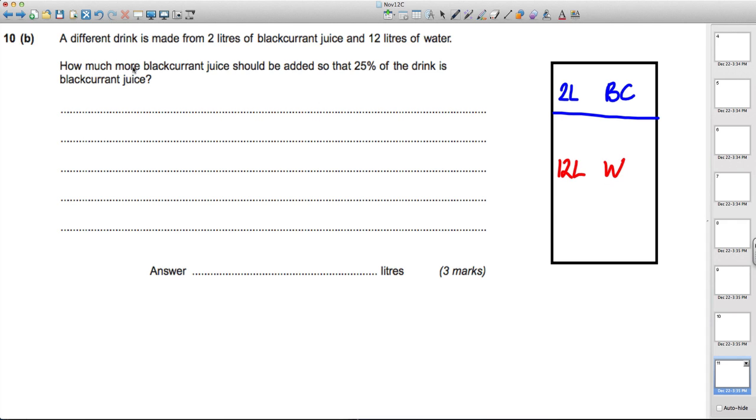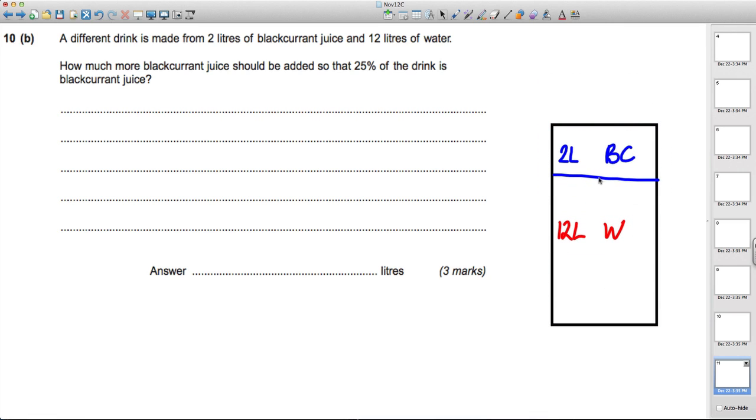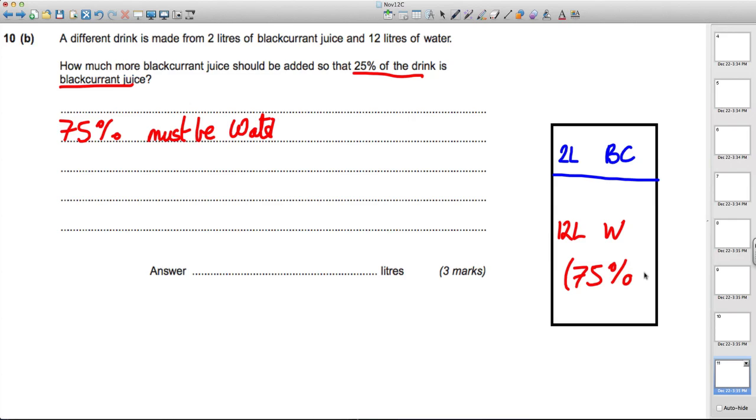How much more blackcurrant juice should be added so that 25% of the drink is blackcurrant juice? Well, if 25% of the drink is blackcurrant, then 75% must be water. Agreed? When we change it, this must be equal to 75%.